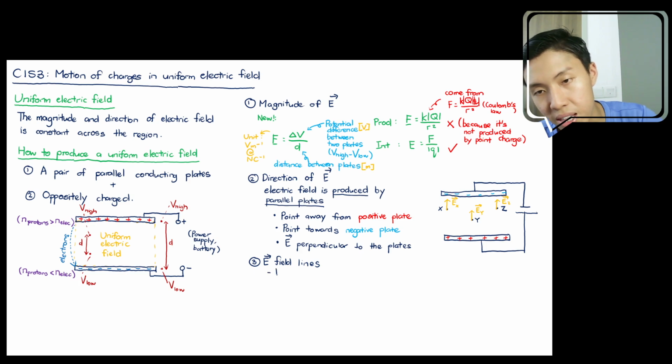So it's basically lines used to indicate the magnitude and direction of electric field.